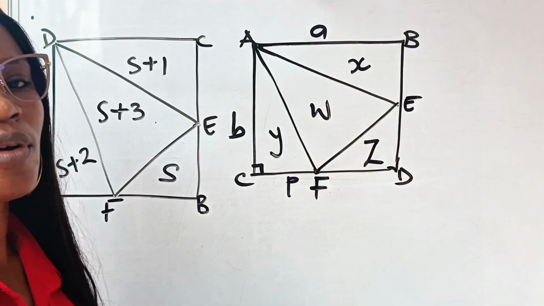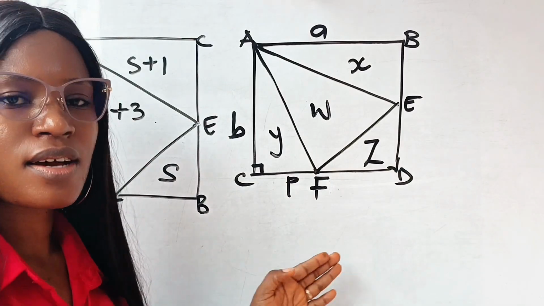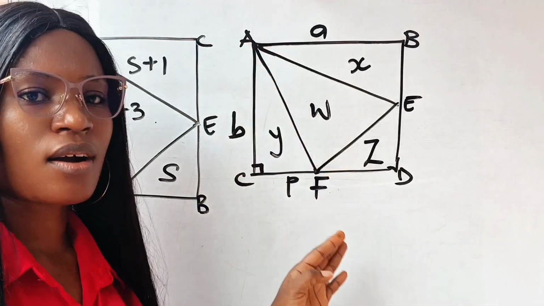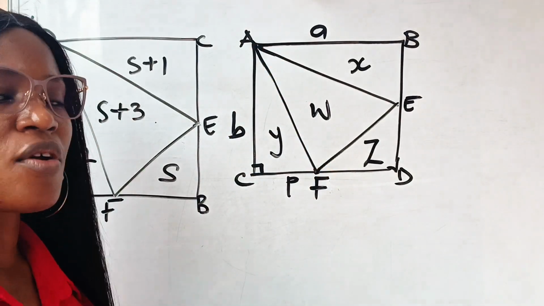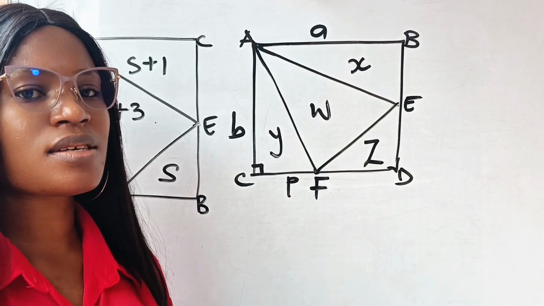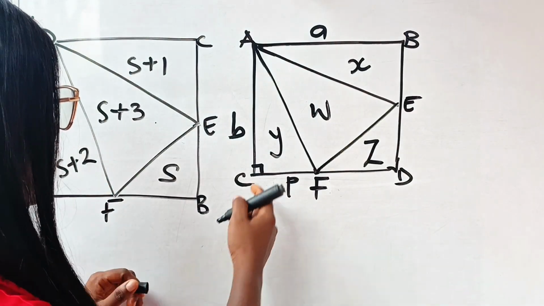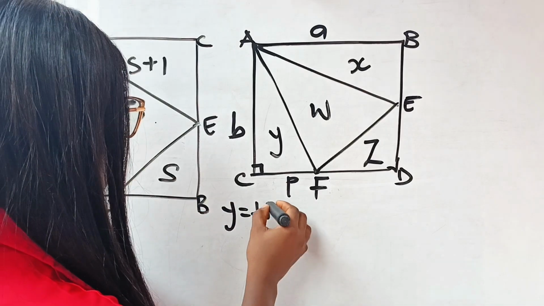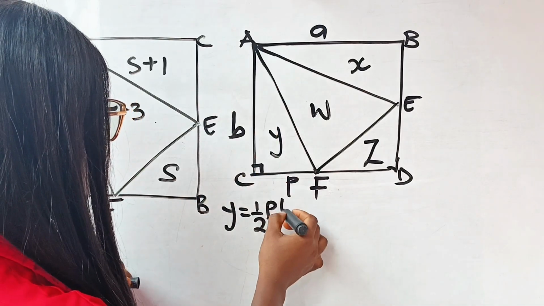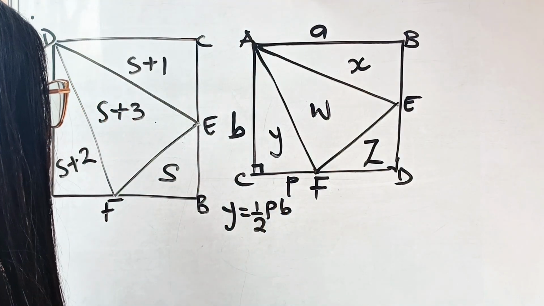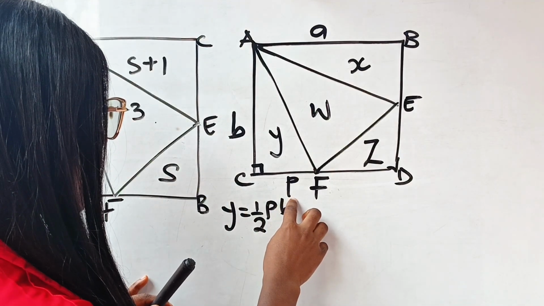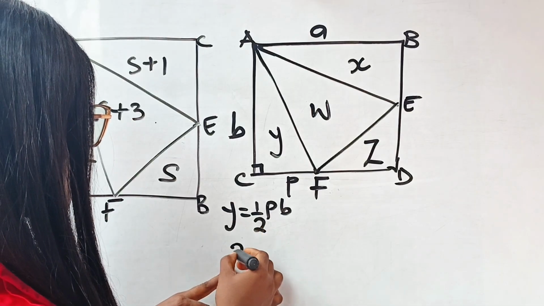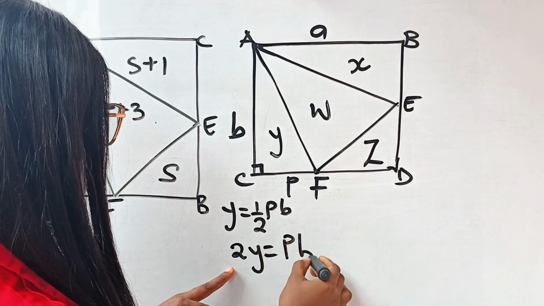Remember, we are trying to prove the formula that I just stated. So this is the area of this right angle triangle, and the area of a triangle is half base times height. So y is equal to half multiplied by P multiplied by the height, which is B. If we cross multiply, you have y times 2, which is 2y, equal to PB.